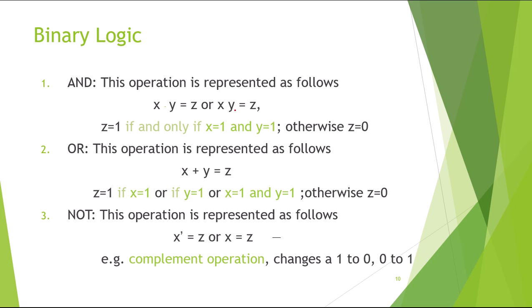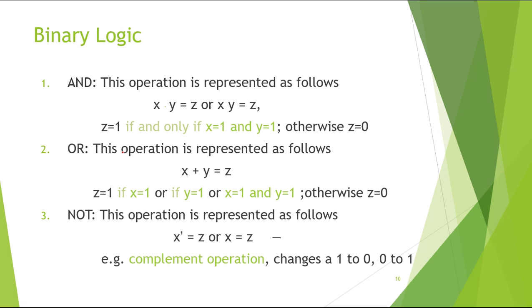Both mean AND, and the output Z will be 1 if and only if both of these inputs are 1. If any one of the bits is 0, the output will be 0.